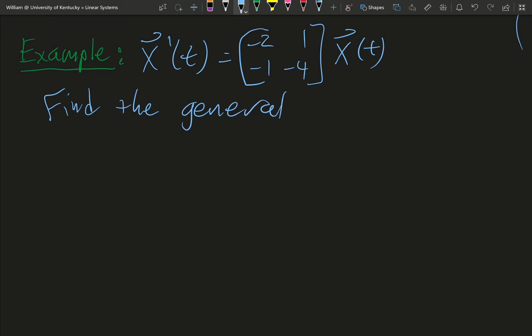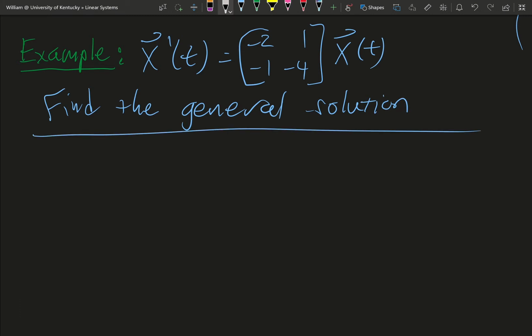So we want to find the general solution to the above equation. Let's first verify that we do only end up with one eigenvector in this case.